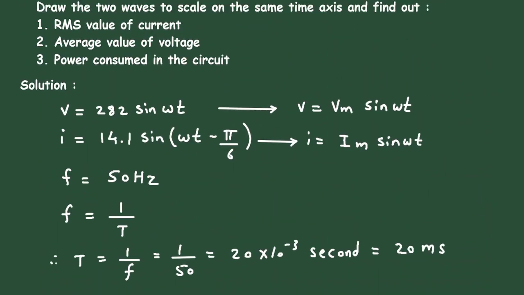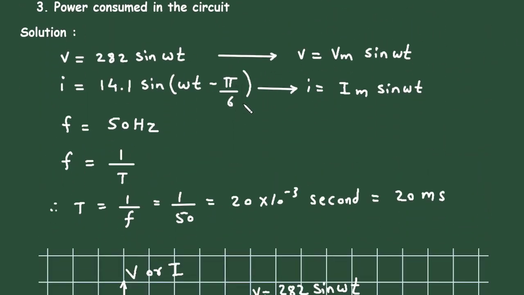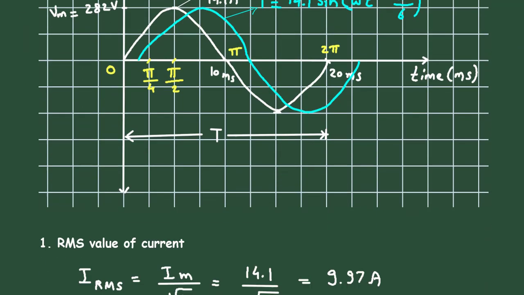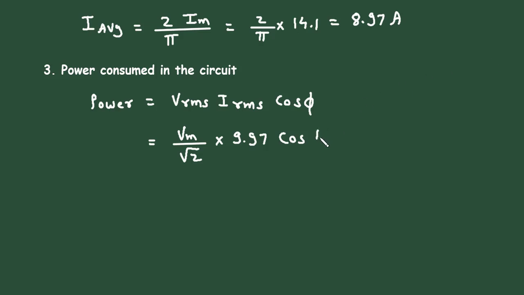Here the phase angle phi is pi by 6, because the expression is Im sin (omega t plus phi). So phi is pi by 6, minus pi by 6 to be more precise.